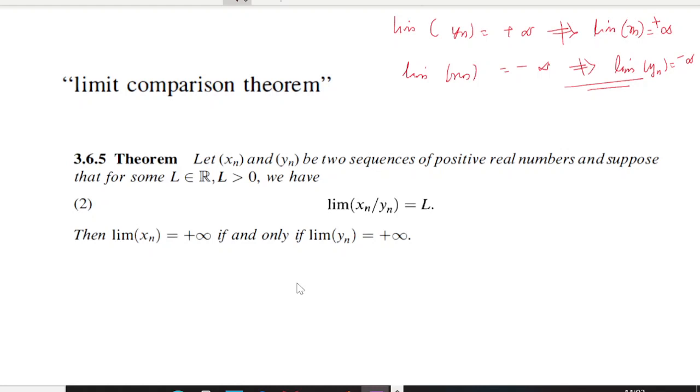This theorem says: let xn and yn be two sequences of positive real numbers, and suppose that for some L belonging to R, L greater than 0, we have limit of xn by yn, where yn cannot be 0, equal to L. Then limit of xn equals positive infinity if and only if limit of yn equals positive infinity.